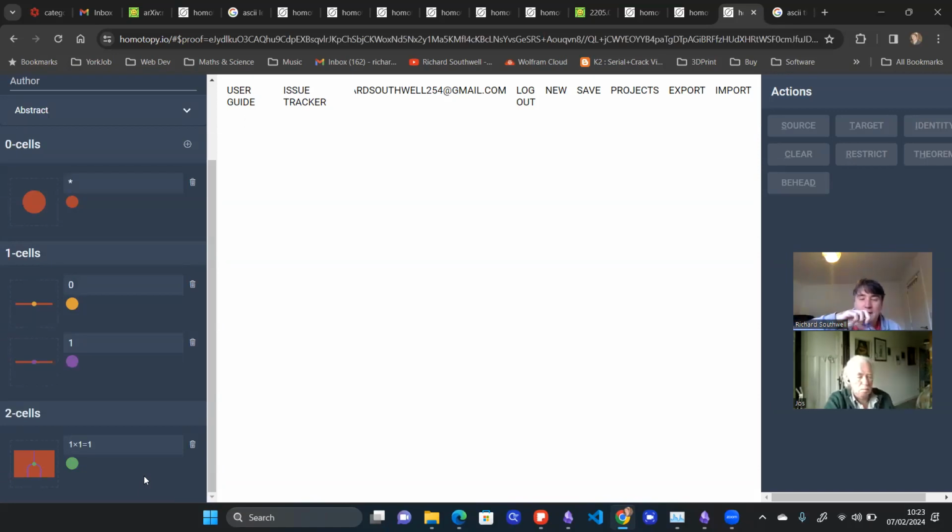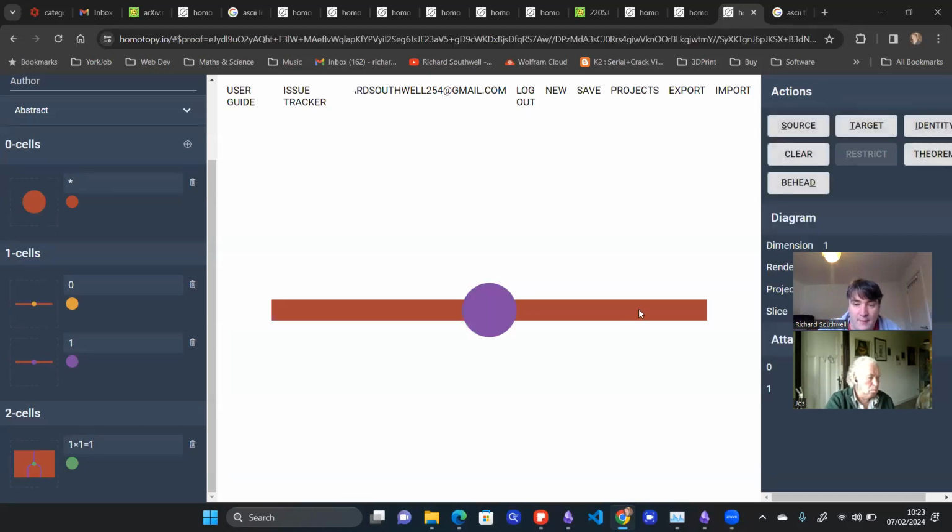I think I'm using a different color scheme to my picture, but anyway. Right, and now we can just do similar stuff with the rest of it. So let's say 1 times 0 equals 0. So we click on the pictogram for 1. We click over here.